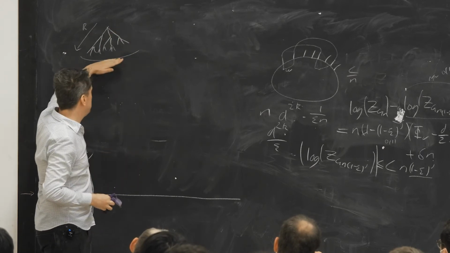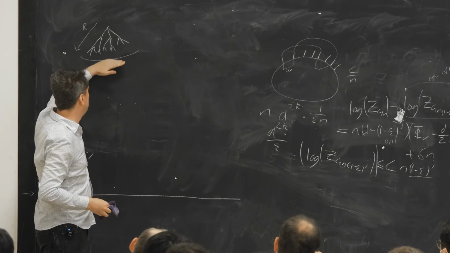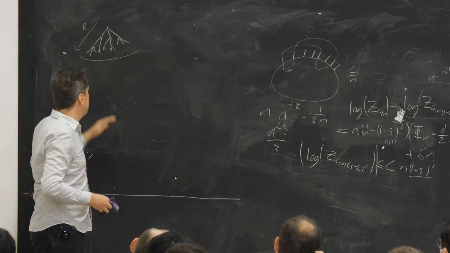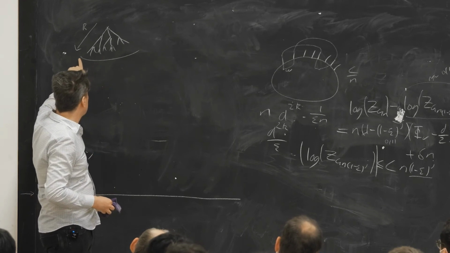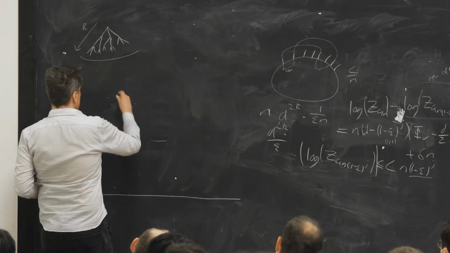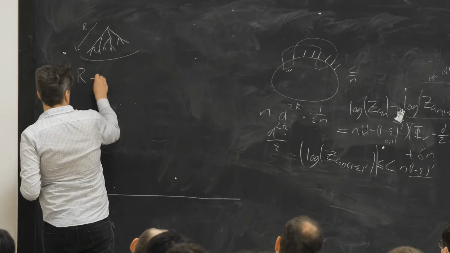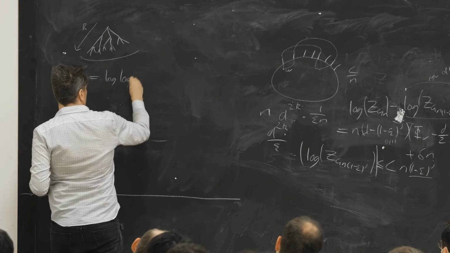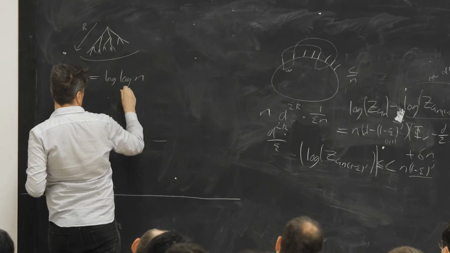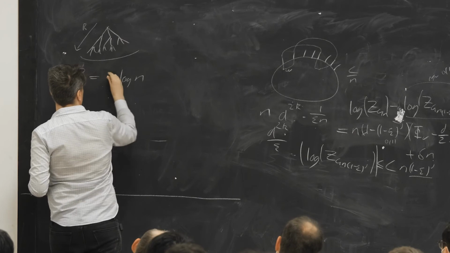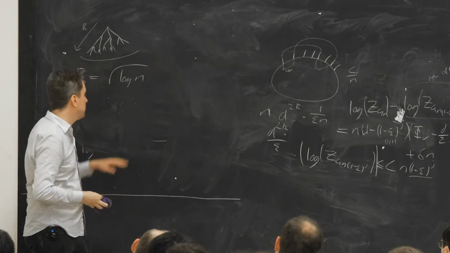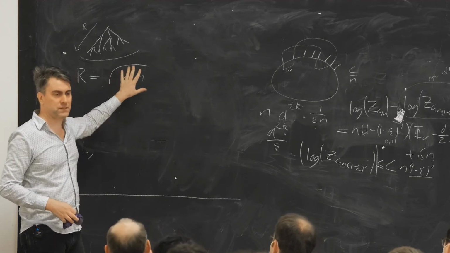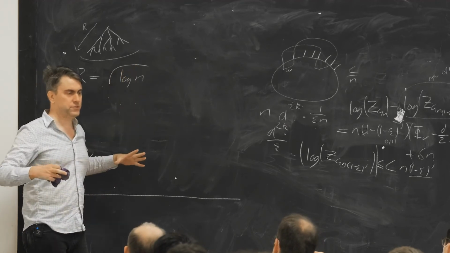So really, I should take R growing with n here, so maybe R equals, let's say, log n, or maybe square root log n. On an Erdős-Renyi random graph with this radius, you still expect to see something that's locally tree-like.